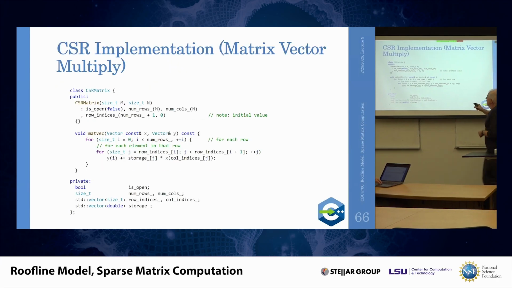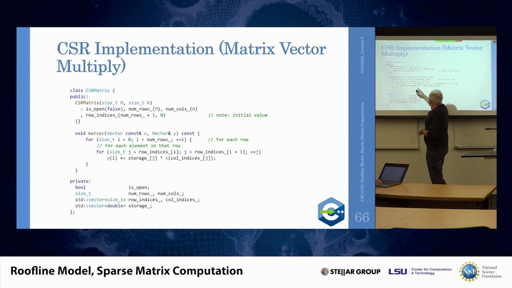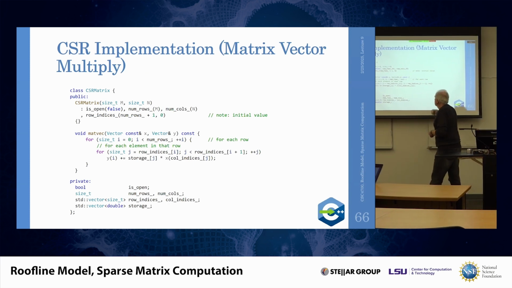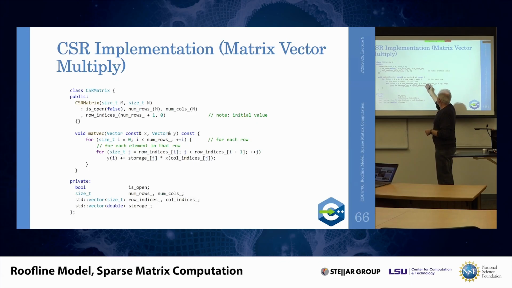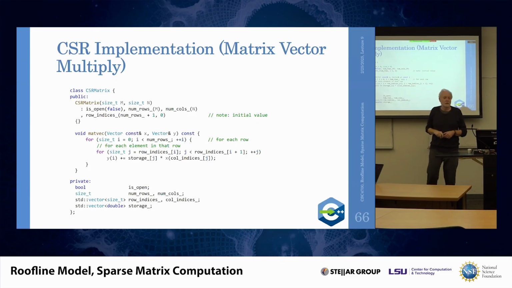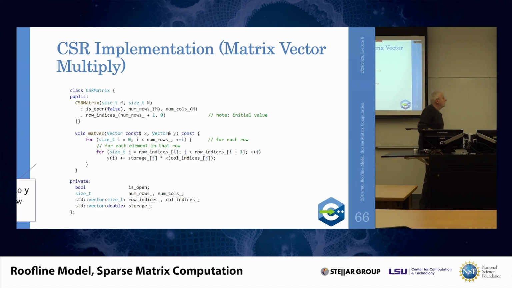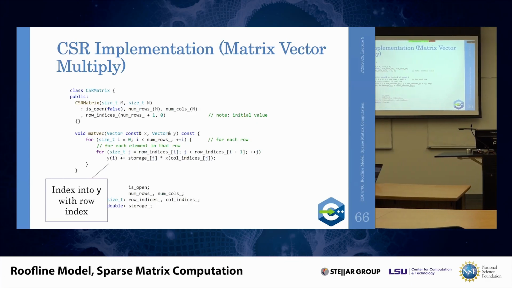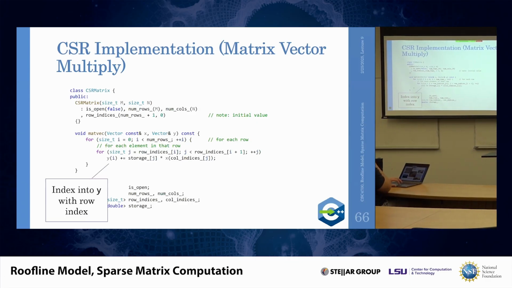Okay, so if we get rid of that run length and we store the starting indices for each of the rows in our row indices array, we now have this code where we can directly use i as the row because the outer loop goes over the rows.